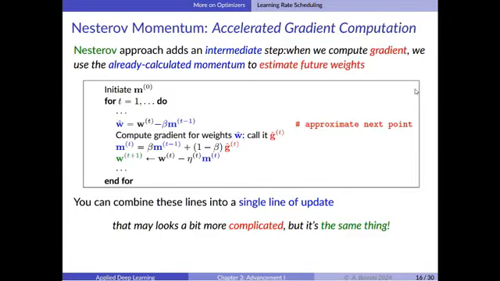And the next idea is Nesterov momentum, which is accelerated gradient computation. Nesterov adds an intermediate step. We can use the already calculated momentum to estimate future rates.